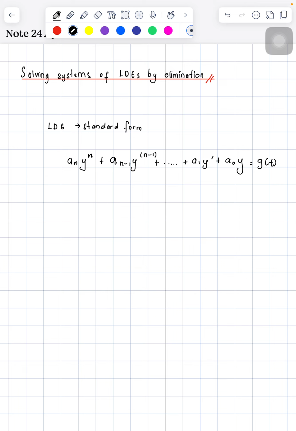This equation is homogeneous when g(t) equals 0. If g(t) is non-zero, this will become non-homogeneous.